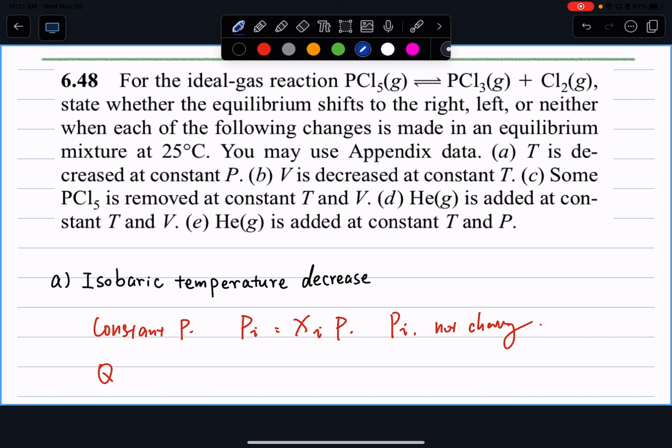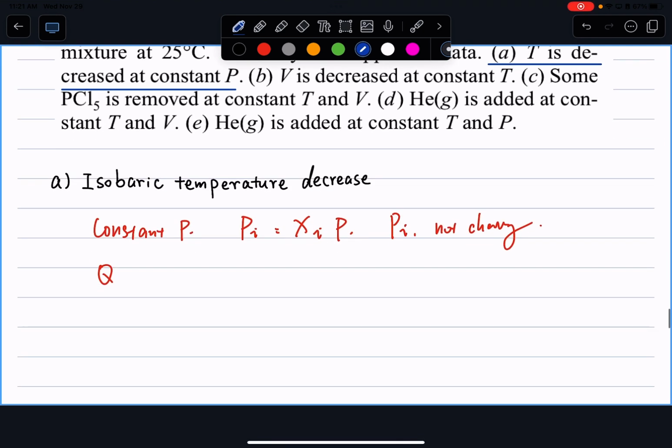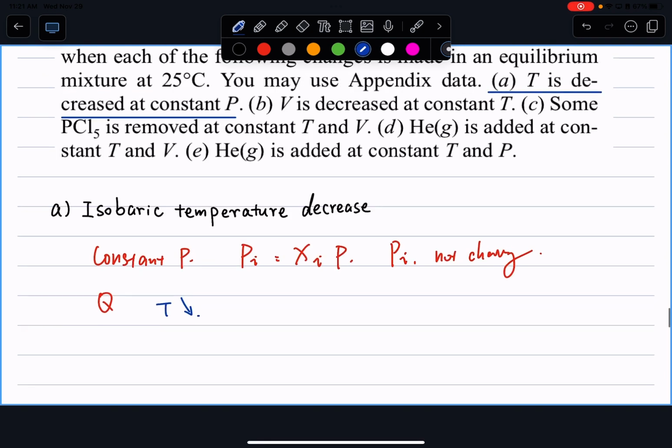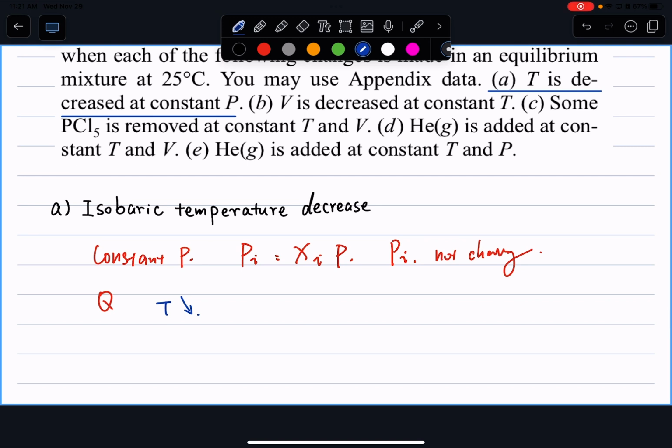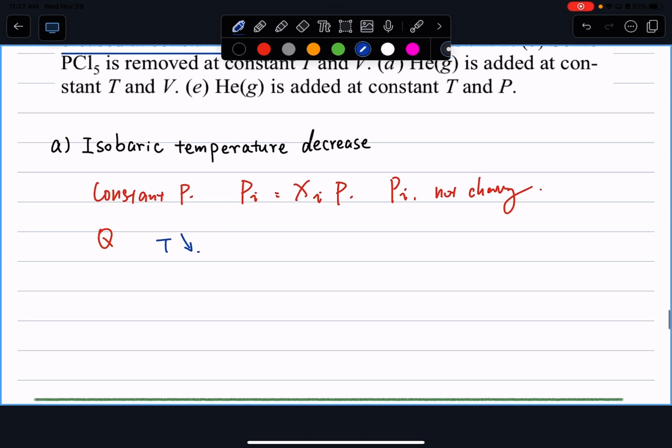And for this reaction, the temperature is decreasing, but we don't know how the equilibrium constant is going to change with respect to temperature. Again, dKp naught over dT equals Kp naught times delta H naught over RT squared.